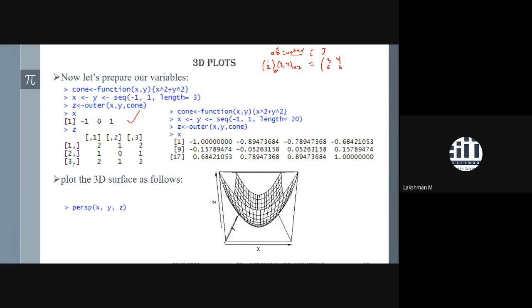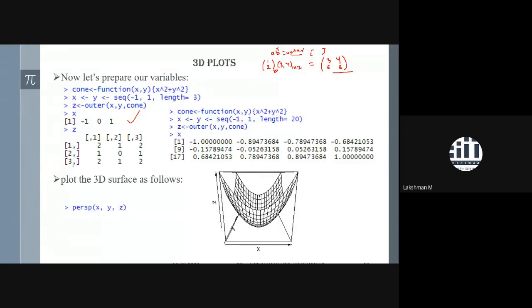So this is the outer product of two vectors, and you get a matrix. This is the idea for 2D plots. But in a 3D plot, the outer product of three vectors will give matrices in 3D. That's why you get this matrix plot in 3D.